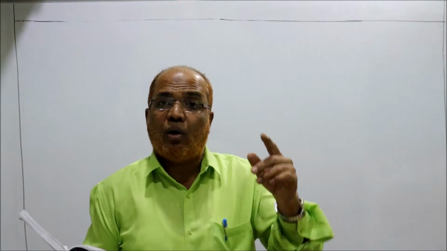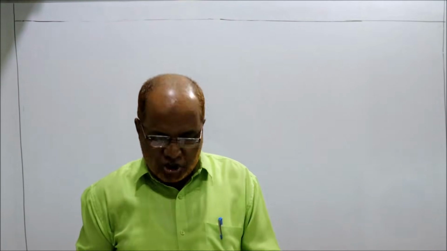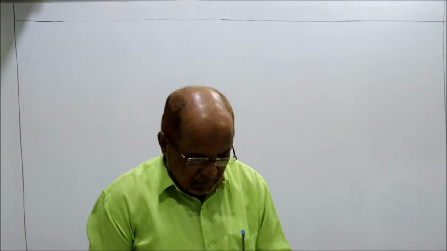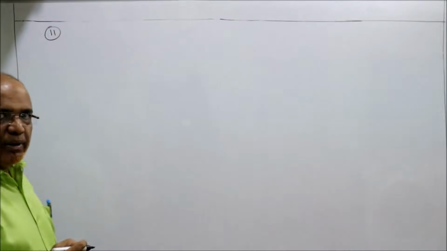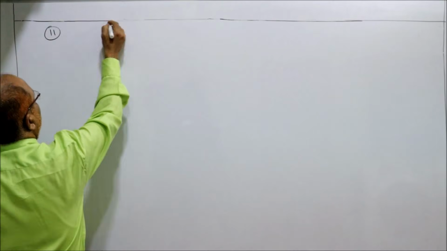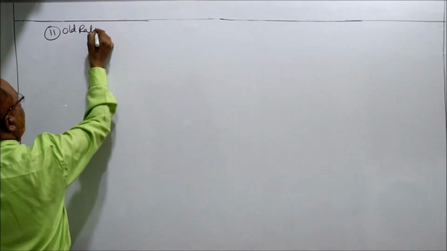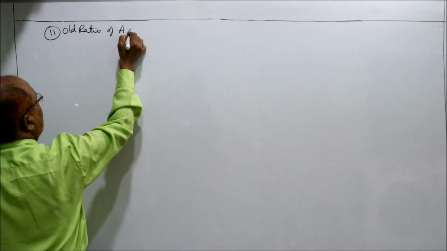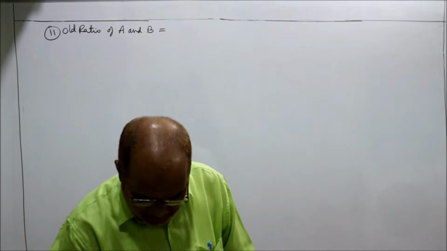Simply you have to find out how much would be the new capital of the old partners according to the new profit sharing ratio. Problem number 11. Old ratio of A and B. What is the old ratio of A and B given? 3:2.